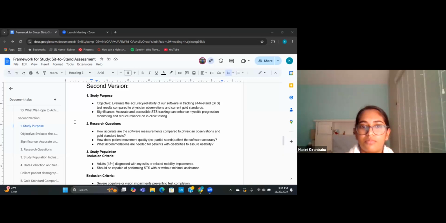So being able to take a video and upload it will make it a lot more accessible and easier to do testing as much as possible to get more current data.